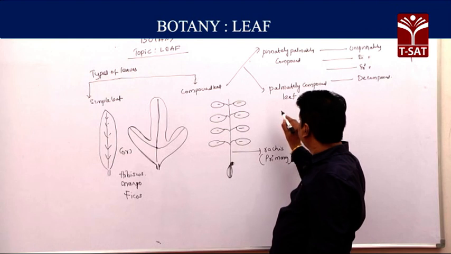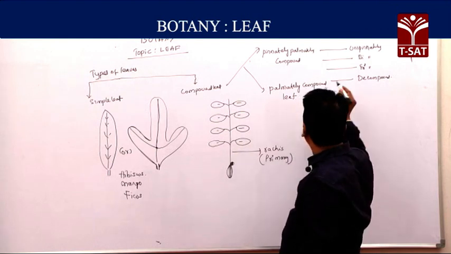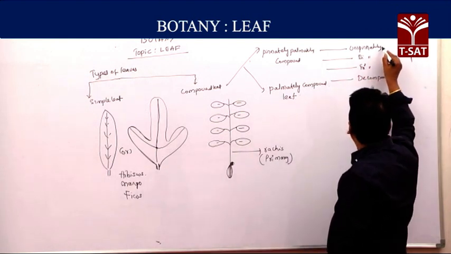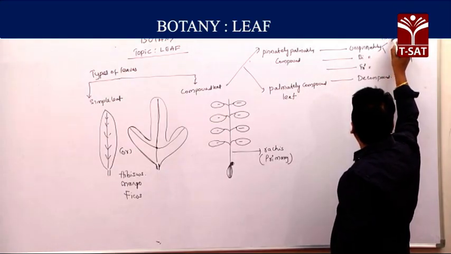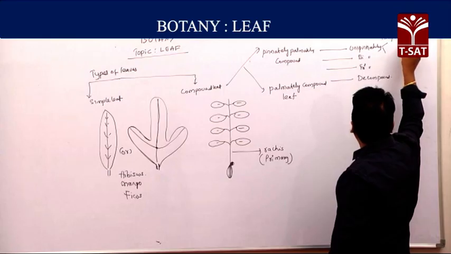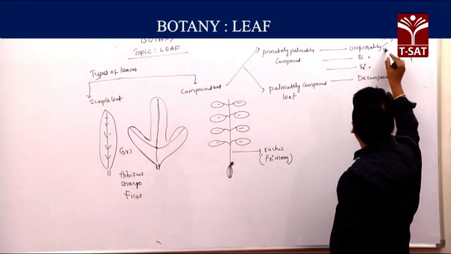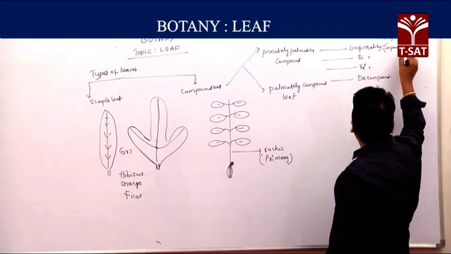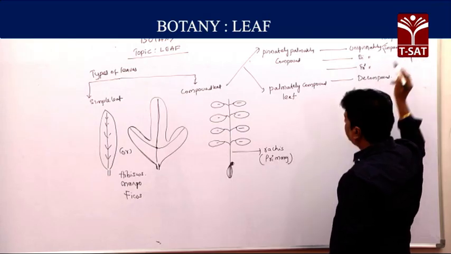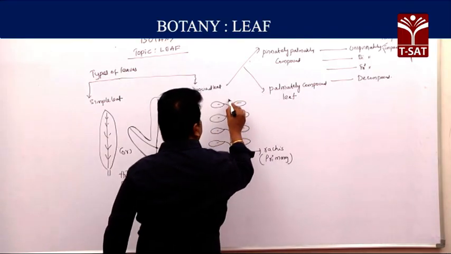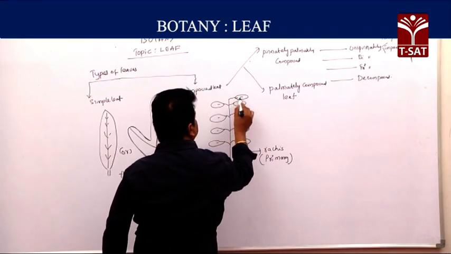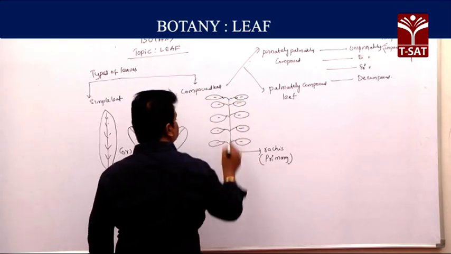This undivided rachis is called the primary rachis, called unipinnately compound. And unipinnately compound is again of two types: paripinnate and imparipinnate. Paripinnate means if the tip of the rachis contains a pair of leaflets.